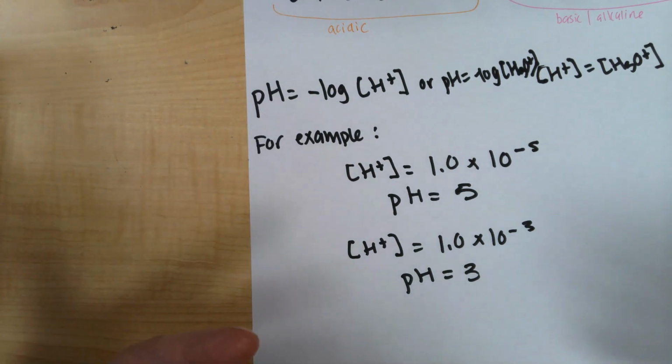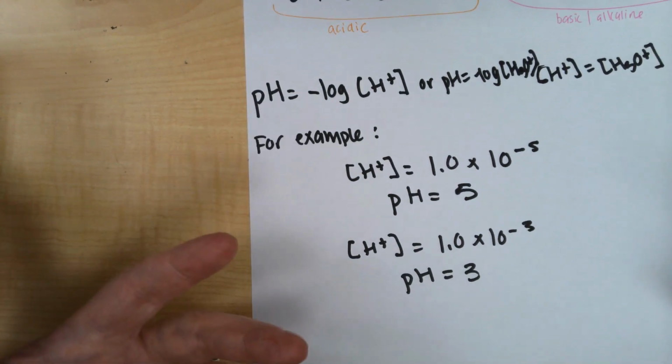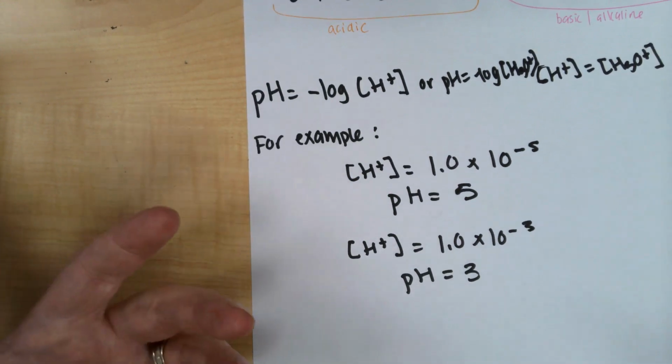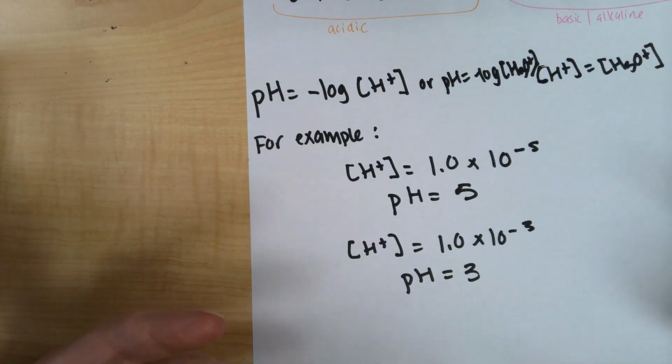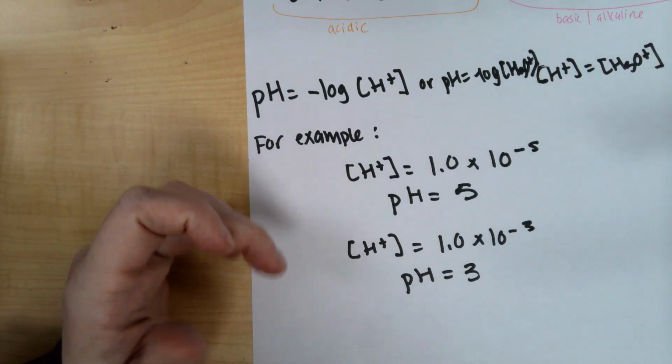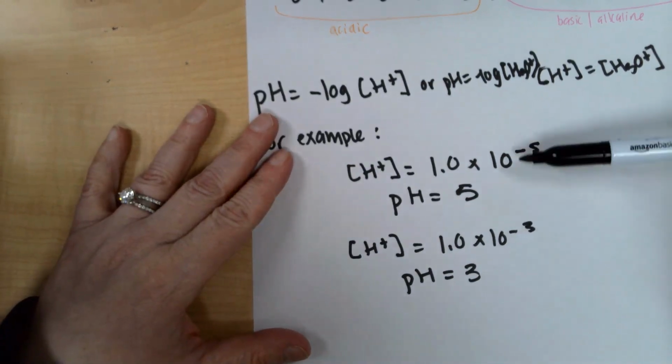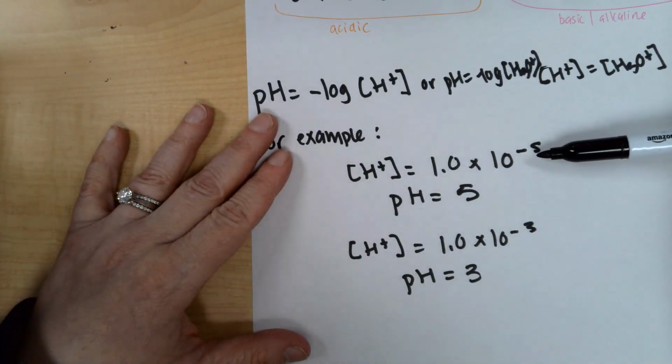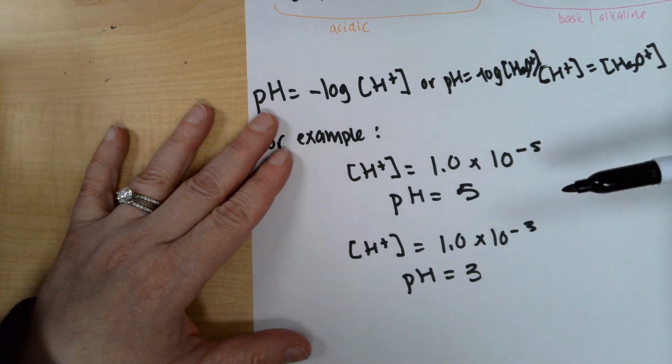So if we're comparing, right, the acidity of one solution to the next, looking at numbers like 5 to 3 or 3 to 5, that's way easier for us to think about, to manage, to make a quick comparison than trying to do calculations with scientific notation, especially considering they're usually never going to turn out to be nice, pretty numbers like the 1.0 times 10 to the negative fifth, right?